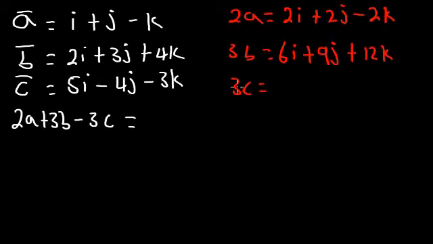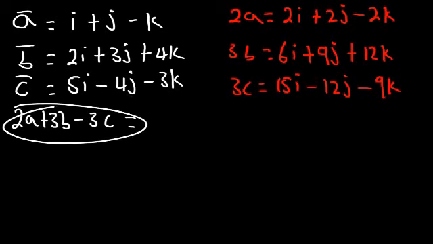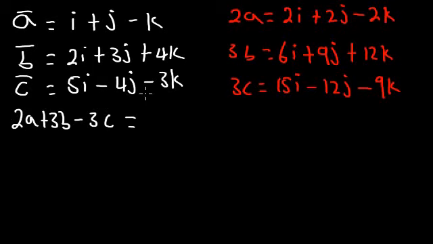Perfect. Now, on to 3c. 3 times 5i, that's going to be 15i. Then 3 times negative 4j, that's going to be negative 12j. And lastly, 3 times negative 3k, that will be negative 9k. Perfect. So now we can compute the operation 2a plus 3b minus 3c.